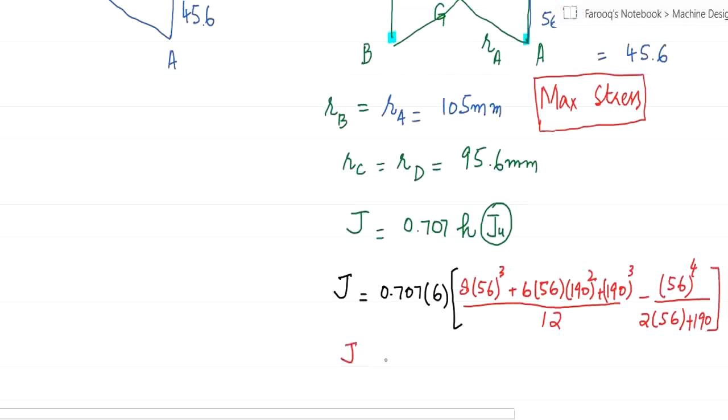And the value of J comes out to be 7.07 into 10 raised to power 6 millimeter raised to power 4.